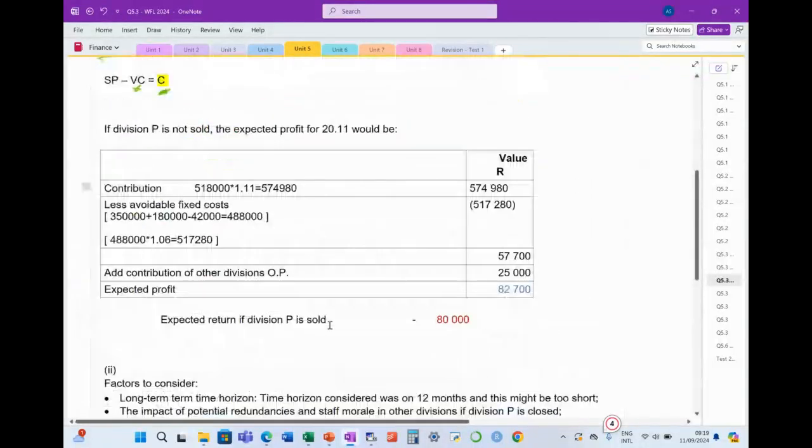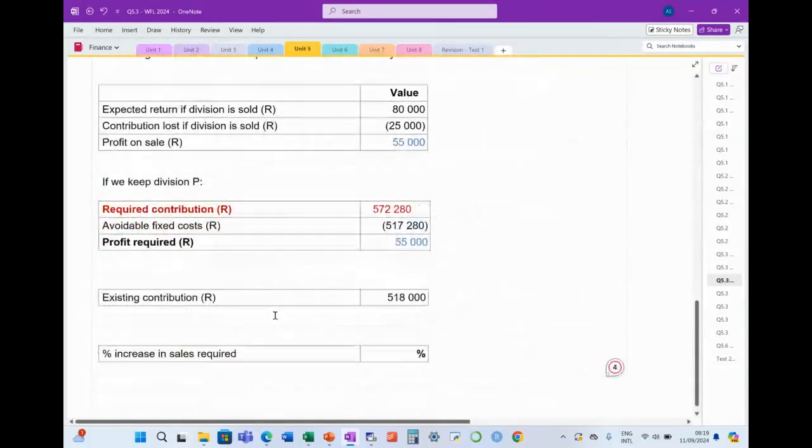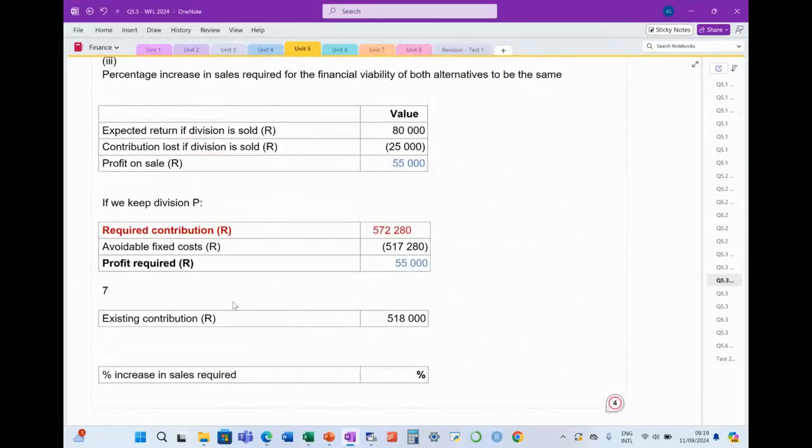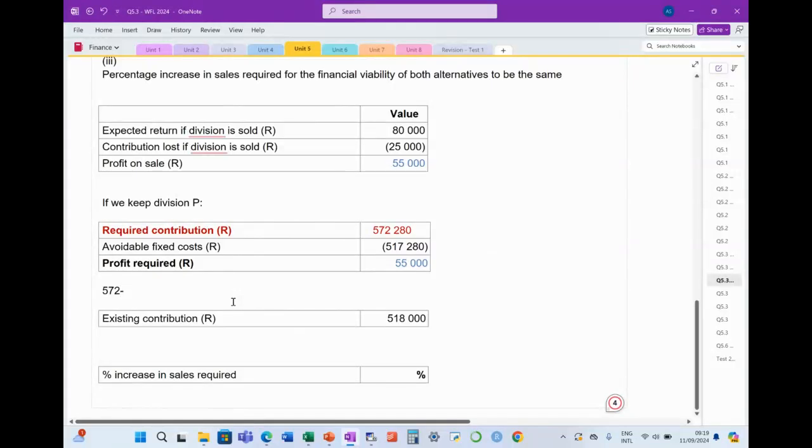Won't you go 572,280 divided by 518 times 100? First we have to say 572,280 minus the 518, because we want the increase, then divided by the 518. Let me put this in brackets.